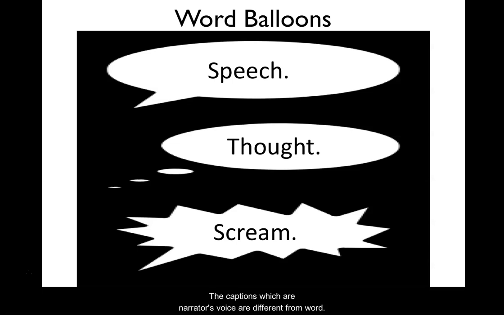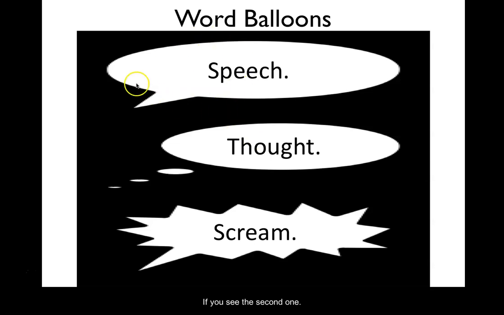Now, captions, which are a narrator's voice, are different from word balloons. Word balloons are how we can tell what the characters are speaking or thinking in comic books. The first one up here, the circle with the triangle, represents speech. If a character is using this word balloon, then other characters in the book can hear them.